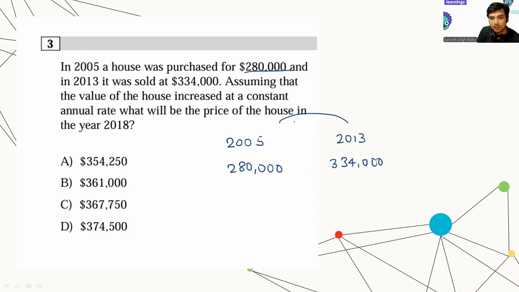So in 8 years, how much did it increase? 54,000 it increased in 8 years, isn't it? So in 5 years, how much will it increase? 5 over 8 times 54,000. So it would be this thing.